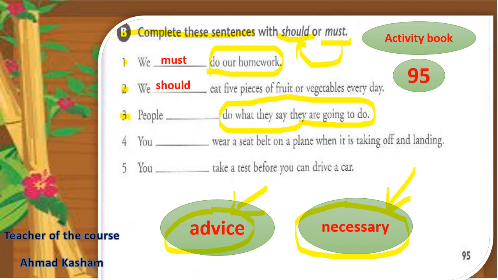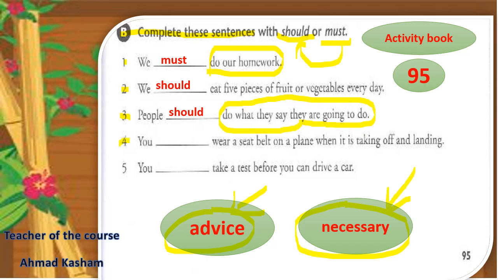I will be a liar. Yes? So liar in Arabic means كاذب. So here, not to be a liar. People should do what they say they are going to do. Now, this is a piece of advice.